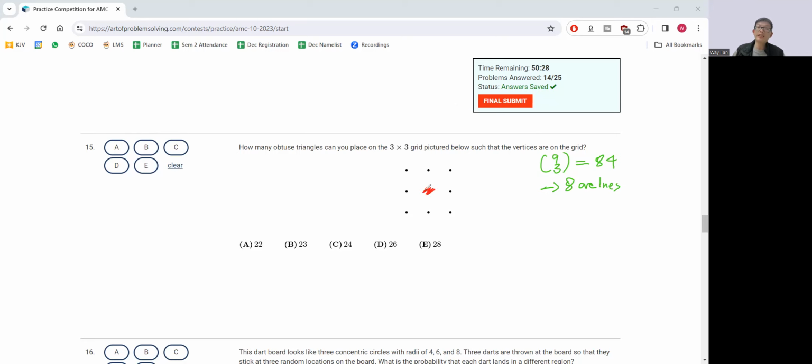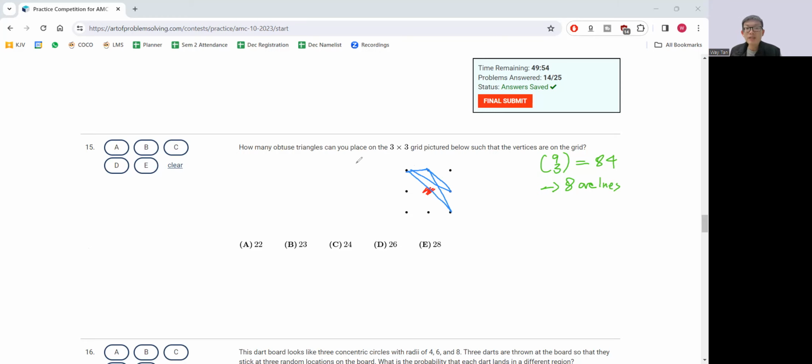Now, if I don't use the center, I'm just taking a second to think of where my obtuse triangles are going to be. And I'm seeing that if I don't use the center, the only types of obtuse triangles I can find are these sorts, and of course, rotations.